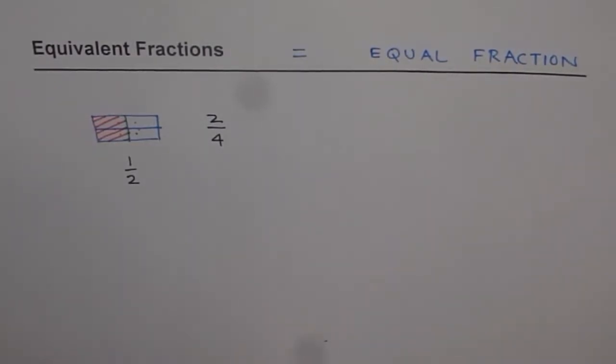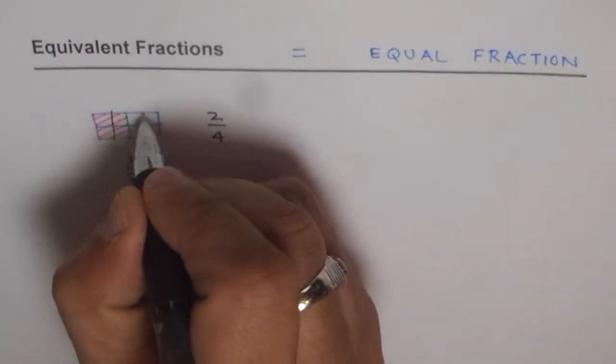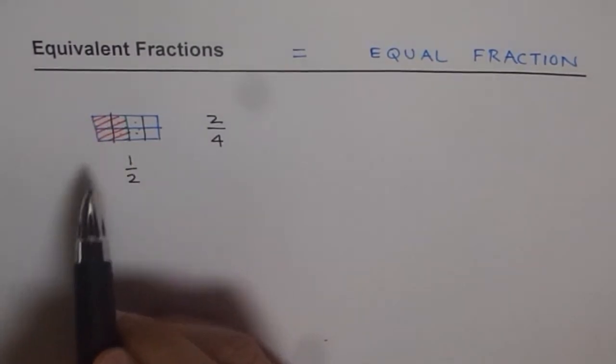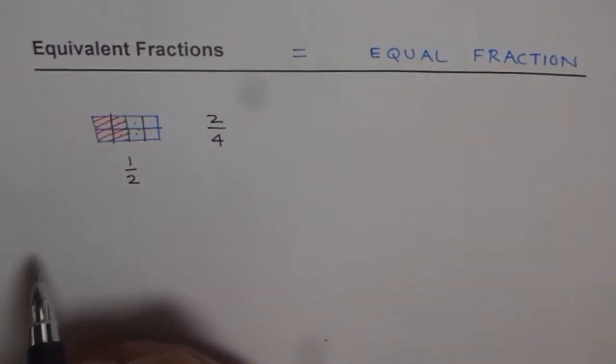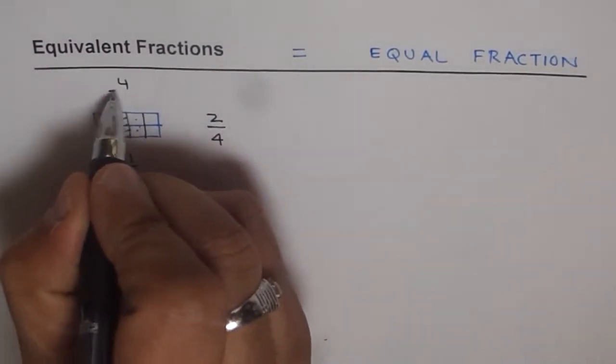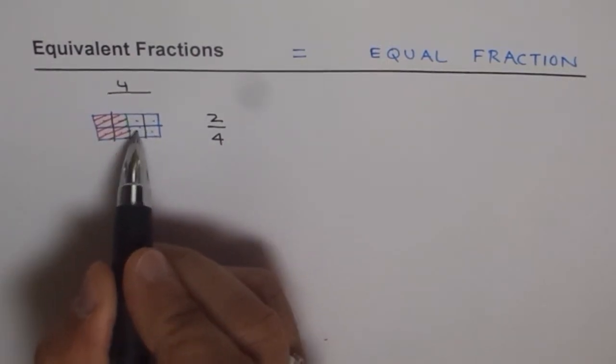Let me further divide it into more parts. This time I will divide it vertically. If I draw these lines, what is the red shaded portion in fractions? It is 4 out of how many? 4 out of 1, 2, 3, 4, 5, 6, 7, 8.